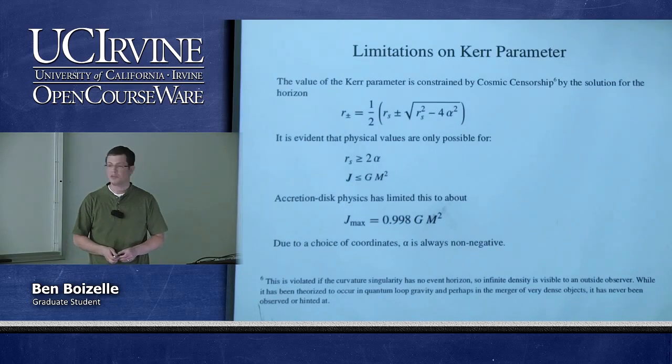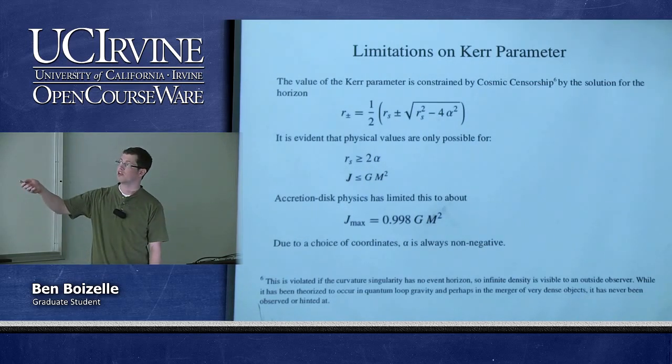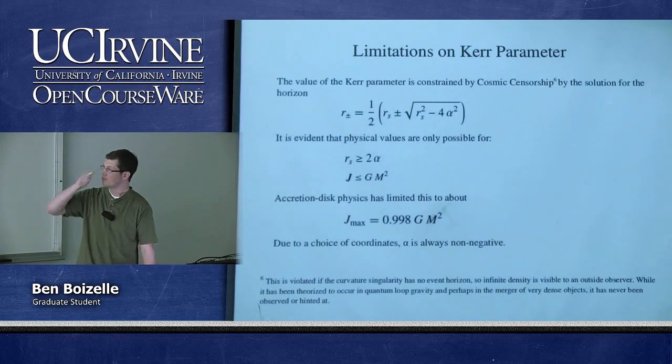All right. There are limitations on the Kerr parameter, specifically that it must be greater than 0. You can choose a coordinate system such that it is always non-negative just by choosing it to go one direction. It doesn't actually matter in this case because you square it. But what you do get is that alpha must be greater than 0 but less than or equal to 1.